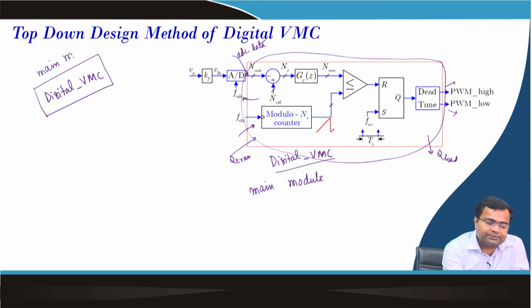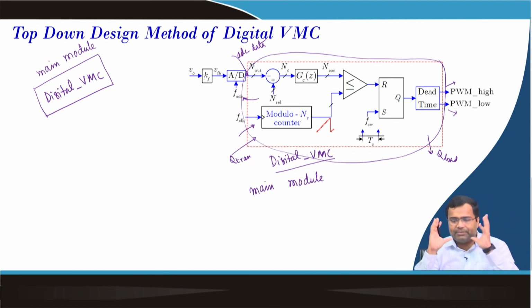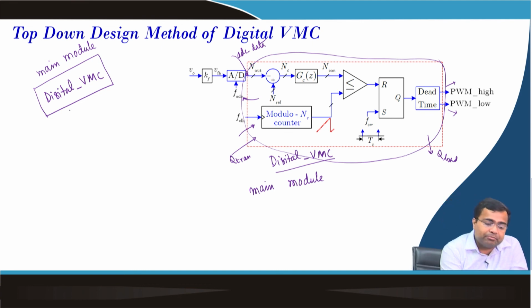As if I am designing a digital IC, you can imagine, because FPGA is emulating an IC, which interfaces with the world with digital data from the ADC, sending gate signals and so on. But if you go inside this module, there will be multiple blocks.